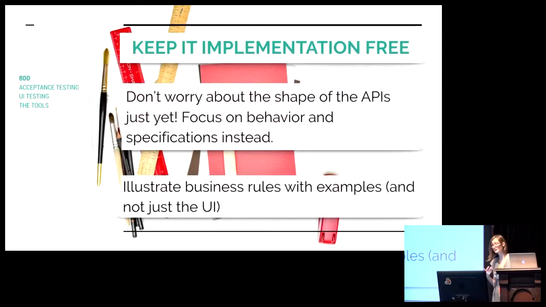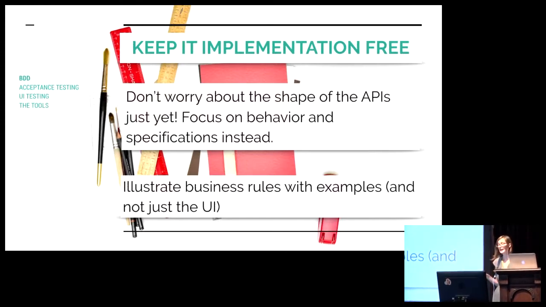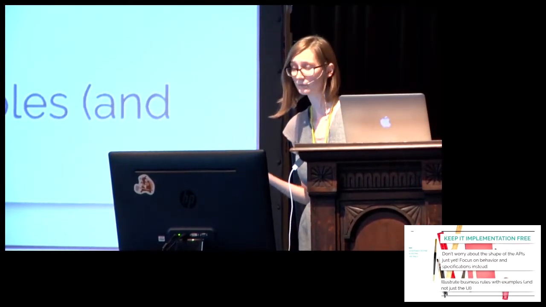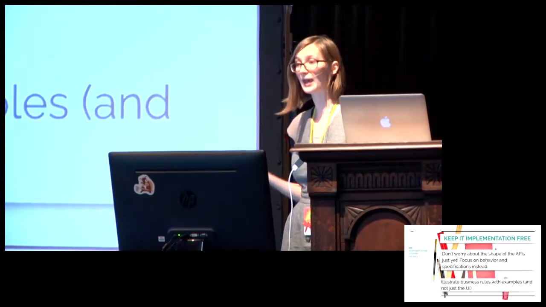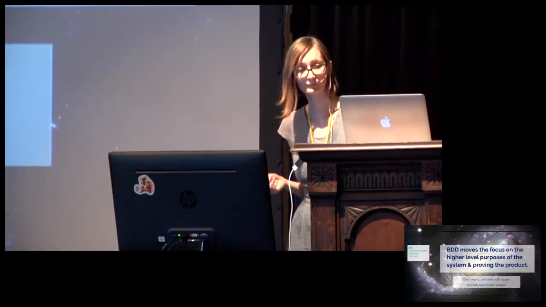I know that myself, I'm thinking from the start at a certain architecture, at a certain design pattern to apply, and this is not quite good for behavior-driven development, and you should keep it as implementation-free as possible, and try to think of it in terms of illustrating behavior, illustrating examples, and so on.